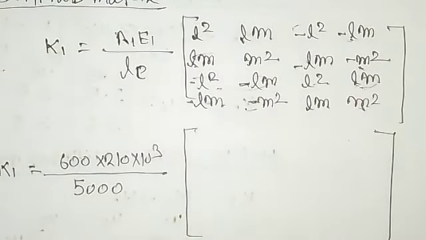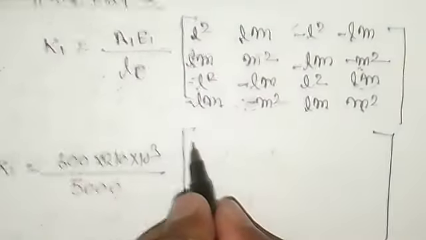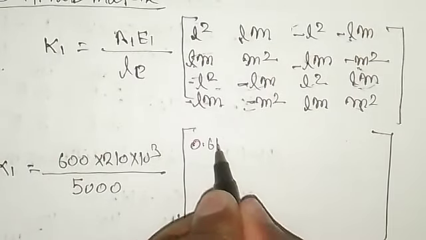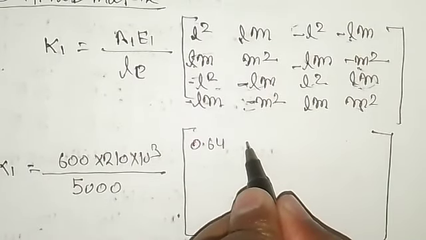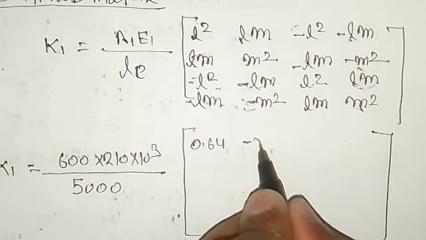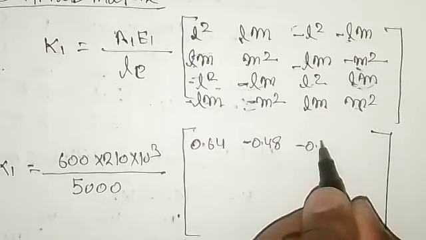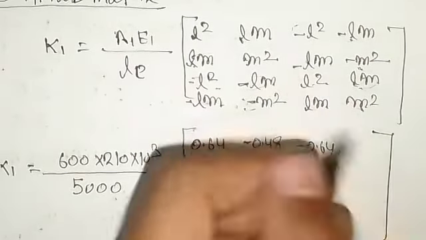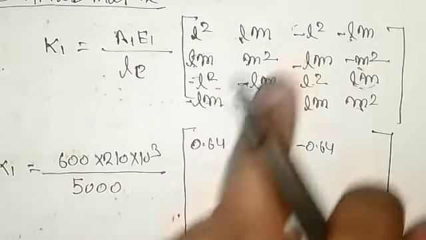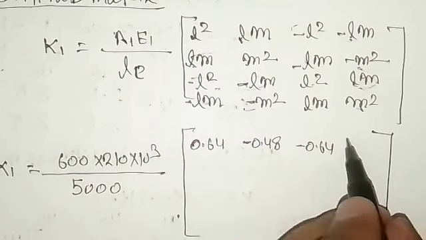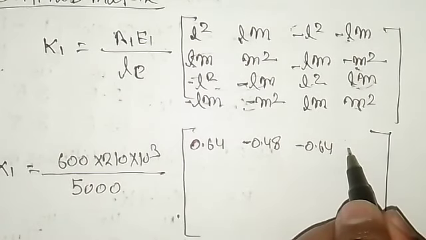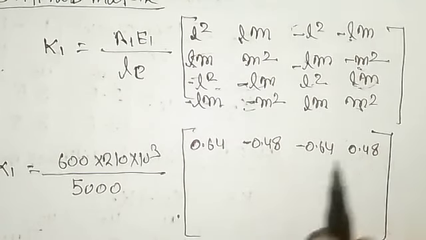So l square will be 0.64. This is 0.8 into 0.6, meaning minus 0.48, and this is minus 0.64. Actually it is minus, so minus will become plus, and because of the minus sign it will come as minus only. So again it will become plus, that is 0.48.